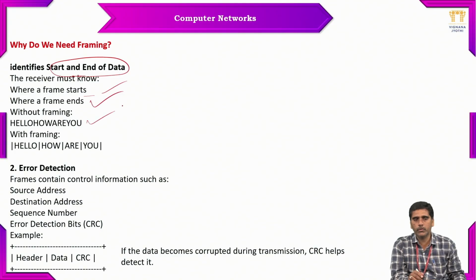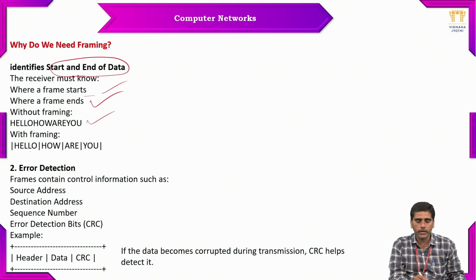Without framing, hello, how are you is a continuous stream of bits. With framing, hello is a separate frame, how is a separate frame, r is a separate frame and u is a separate frame. So the receiver knows this is the starting of the message and this is the ending of the message. If we do not do framing, the receiver may not understand where the message starts and where it ends. That is the importance of framing.